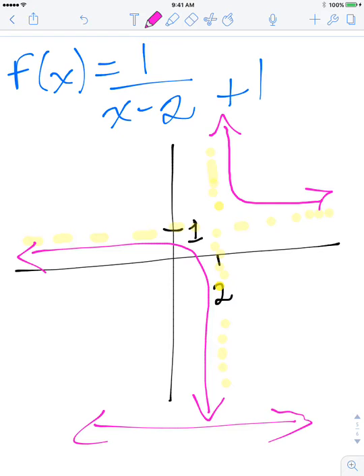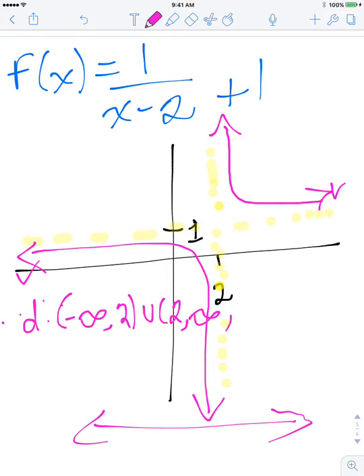It looks like it's going to negative infinity from here and to positive infinity here. It goes all the way until it hits 2, skips over 2, and then keeps going. So my domain is going to be negative infinity to 2 union 2 to positive infinity.